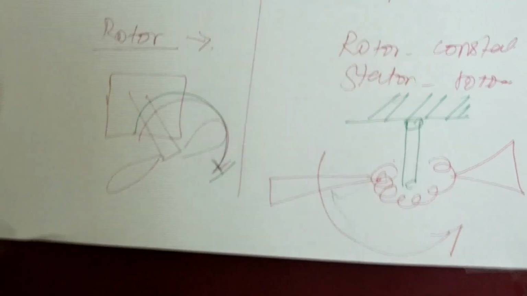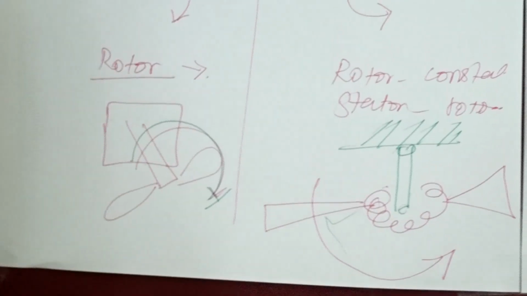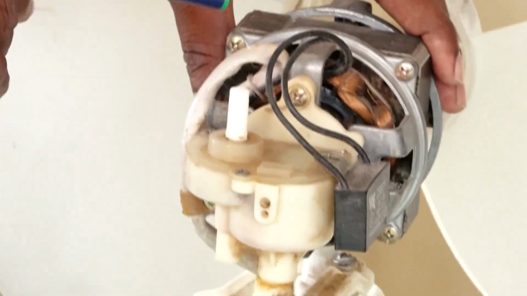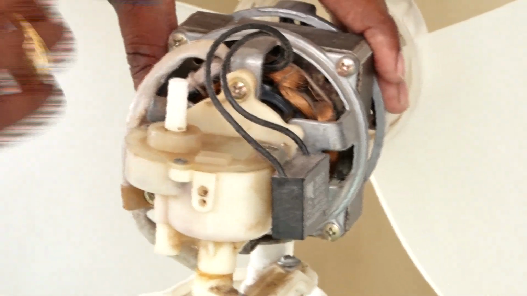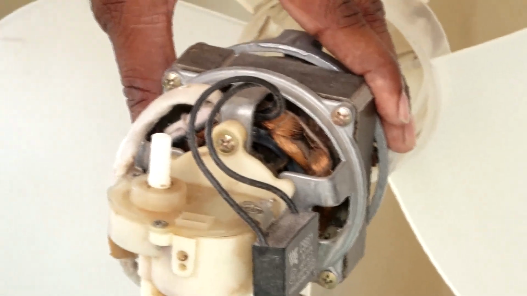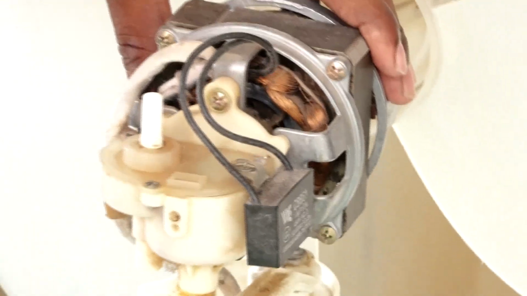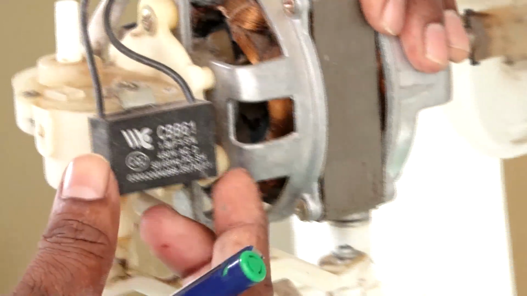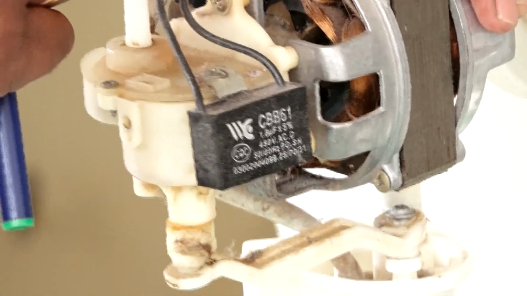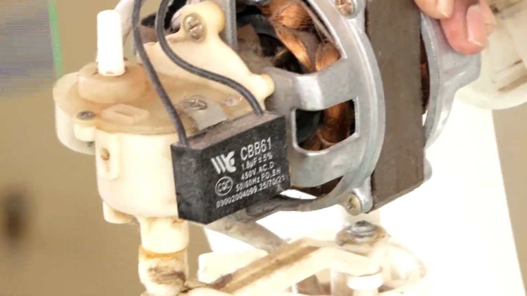We can see it now in a practical manner. Now I am going to show you the function of the table fan along with the parts and their function. Right, this is the permanent split capacitor single phase induction motor, sometimes simply called the PSC motor. This is the permanent capacitor used in this machine along with the auxiliary winding.